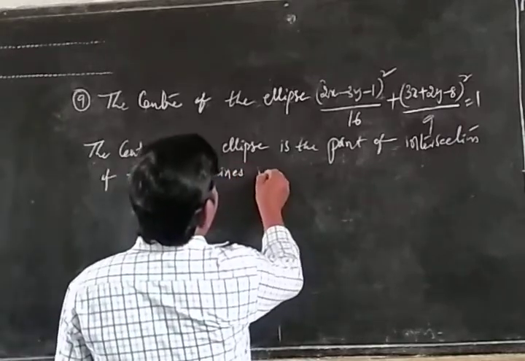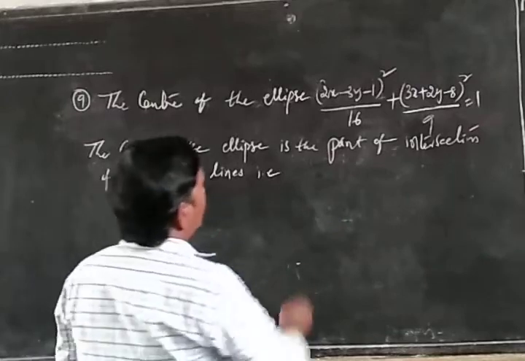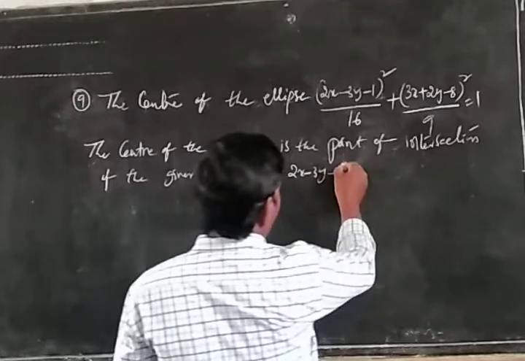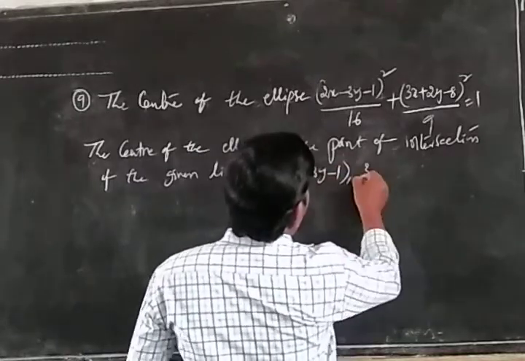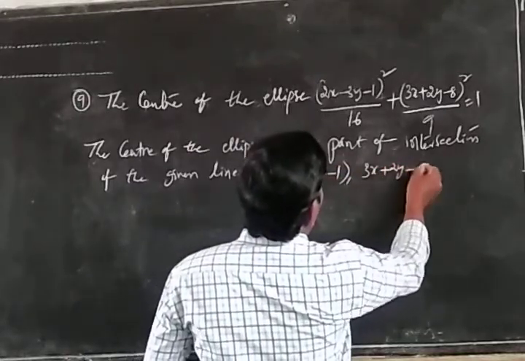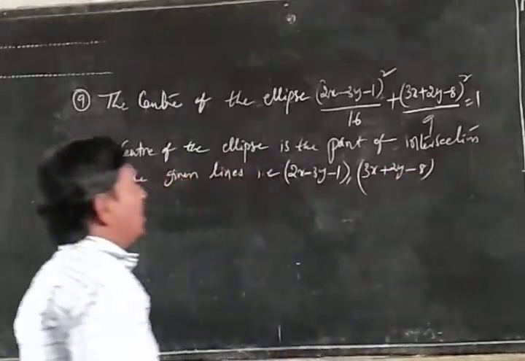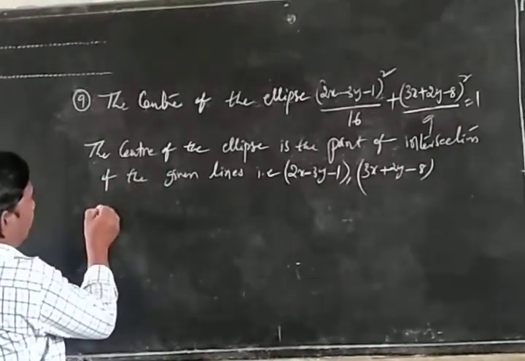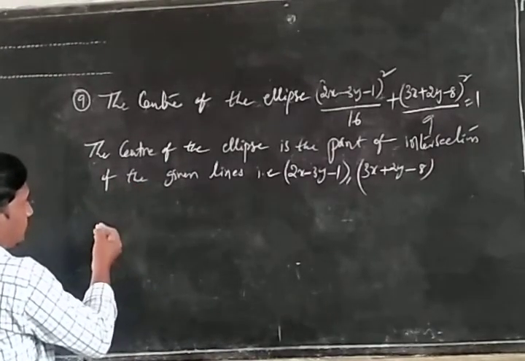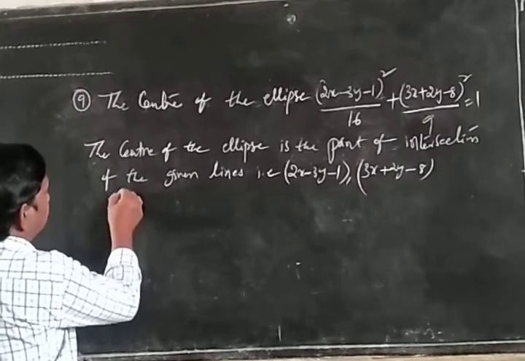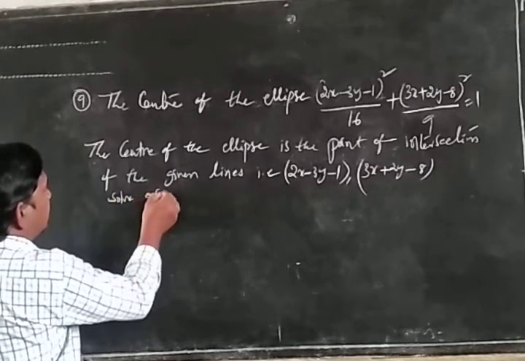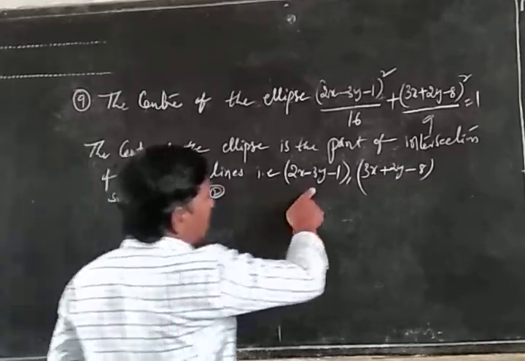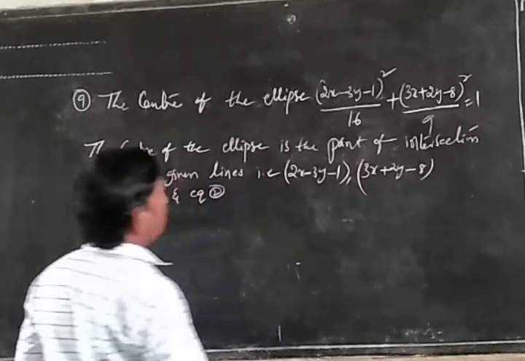What are the given lines here? 2x minus 3y minus 1, comma, 3x plus 2y minus 8. Now we have to solve the two equations. This is equation 1. This is equation 2.